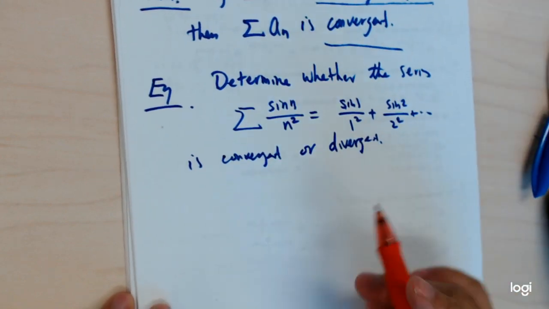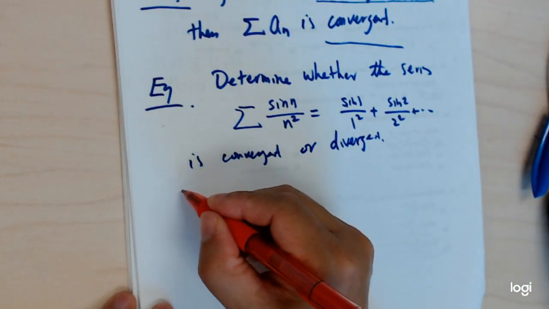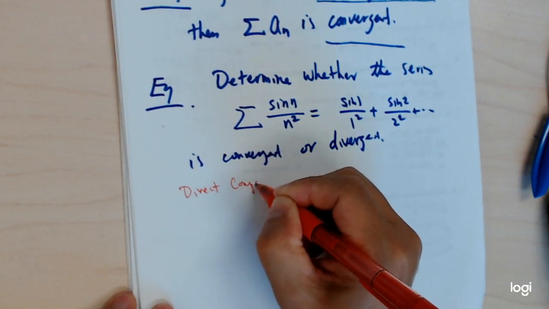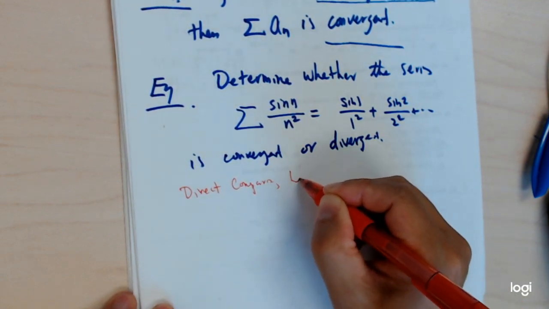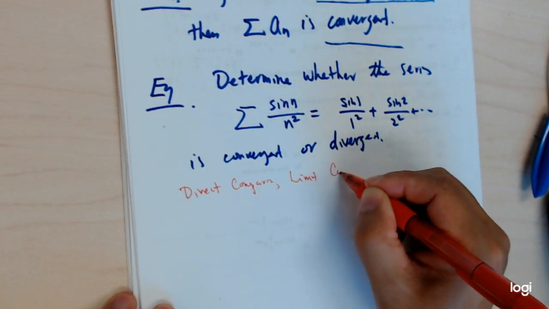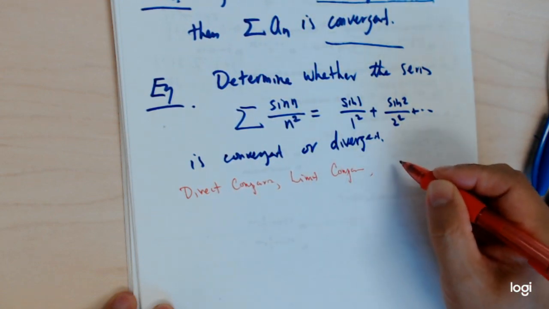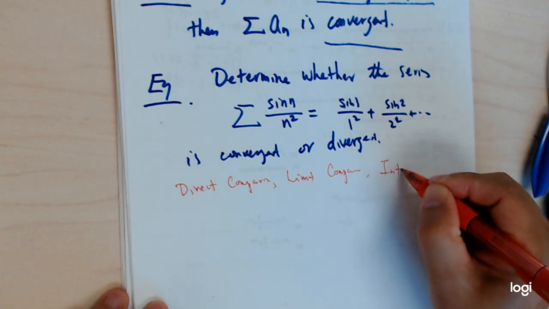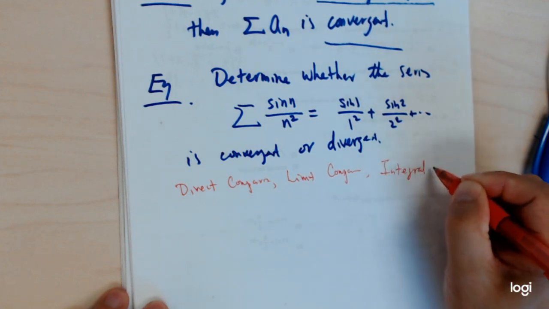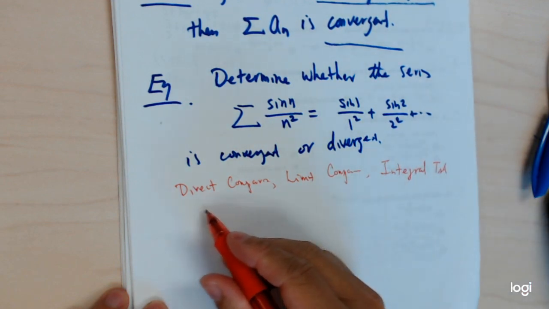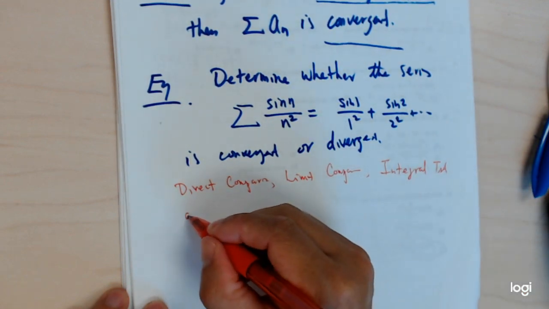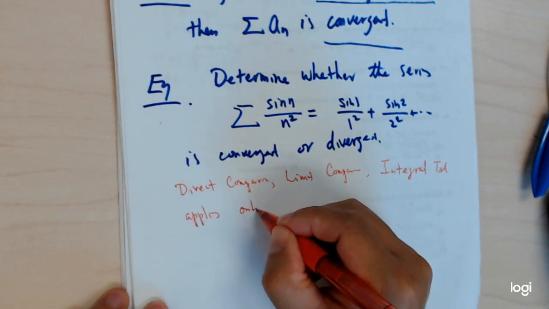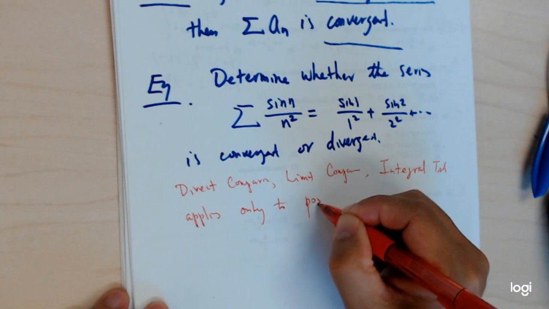So many of the tests we had so far, including the direct comparison test and also the limit comparison test, as well as the not so convenient integral test, all of those three tests apply only to positive series.